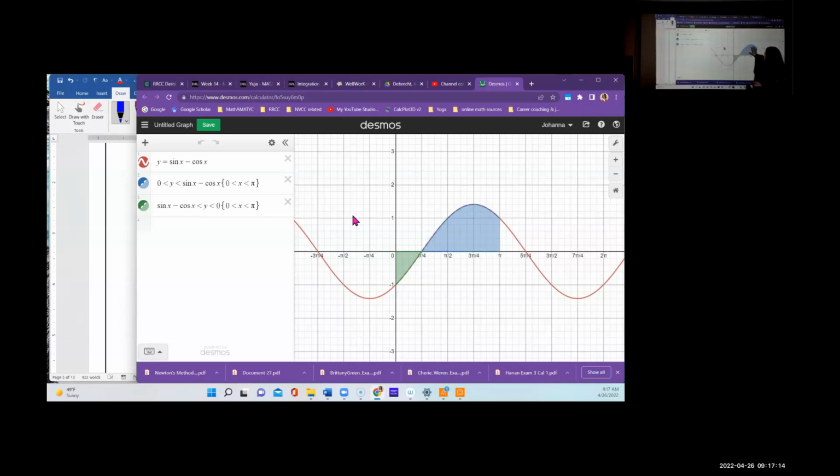And then it looks at that and says how much area is between the curve and the x-axis. Now, right now we've got blue area above, but we have to subtract the green area that's below. So if we take this area off of this graph, what's left is precisely 2 square units of area.